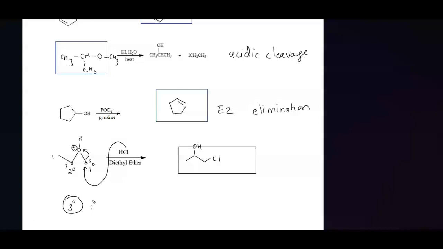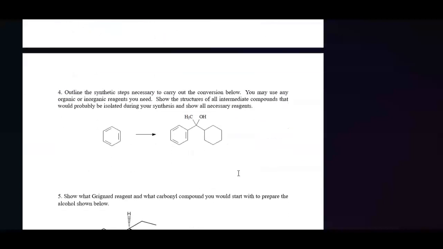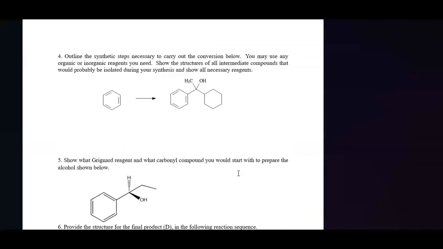All right, moving on to the next question. Outline a synthetic step to carry out the conversion below. Here we have a benzene and it's forming the alcohol. Looks like the Grignard pathway would be the best one.